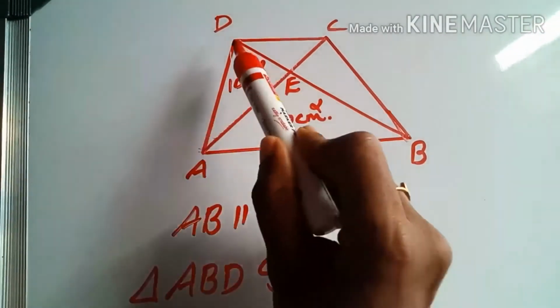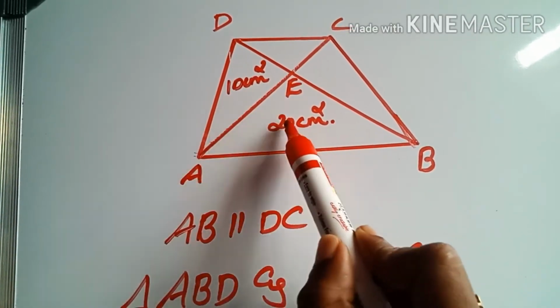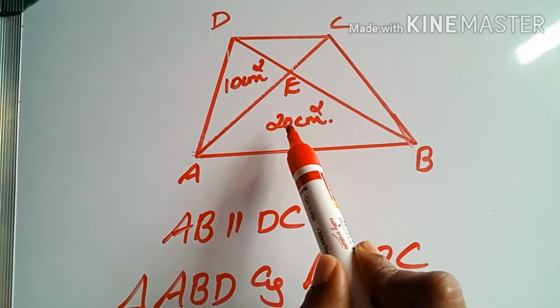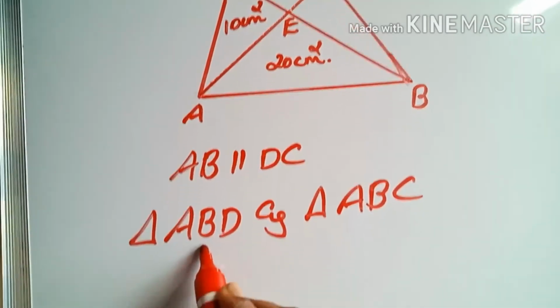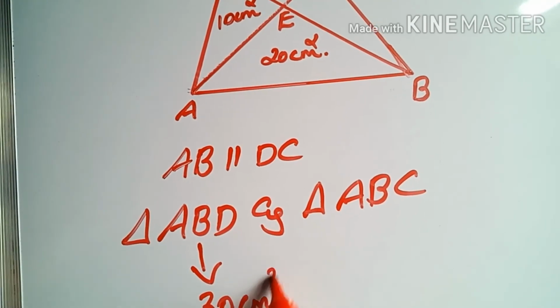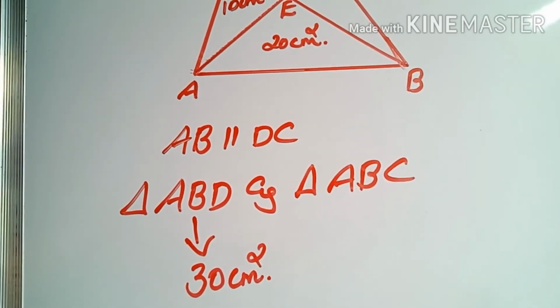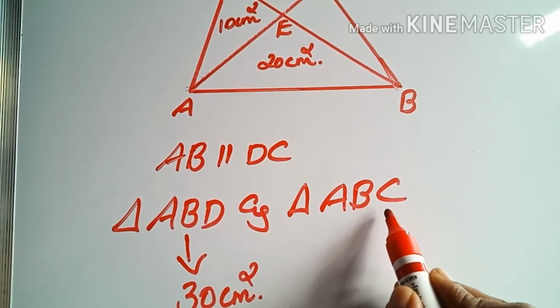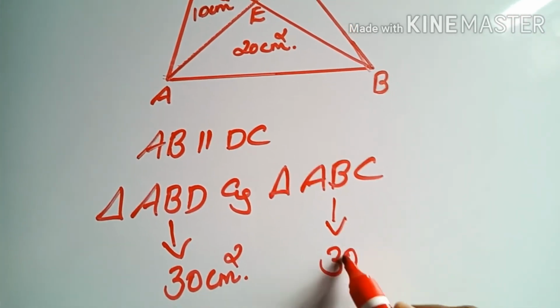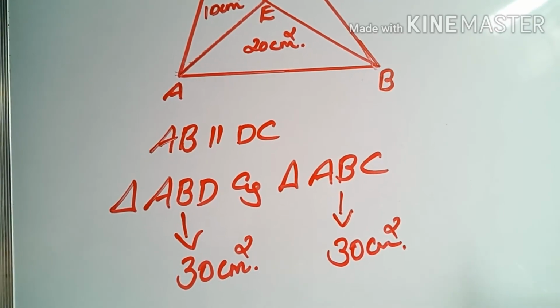This triangle ABD is divided into two parts. One part is 10 centimeter square, second part is 20 centimeter square. So the area of triangle ABD is total 30 centimeter square. So triangle ABC is also 30 centimeter square.